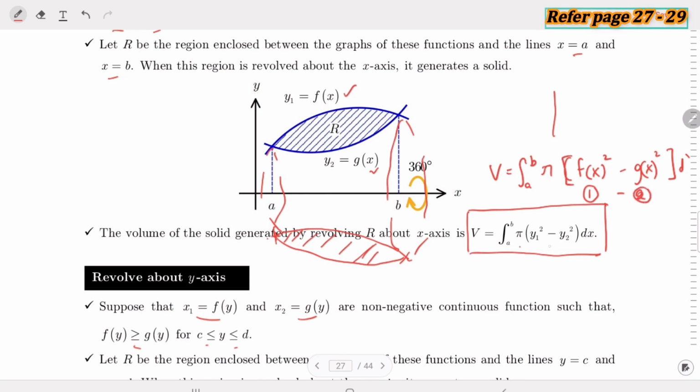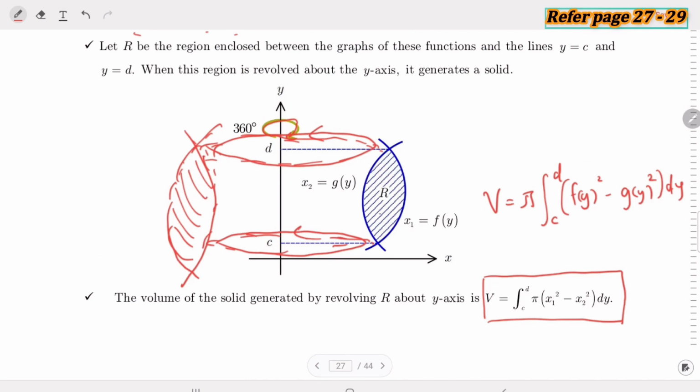All right, the same thing happens if you imagine putting this region below the x-axis. We will choose the curve which is far from the x-axis, and then subtract the curve which is nearer to the x-axis.